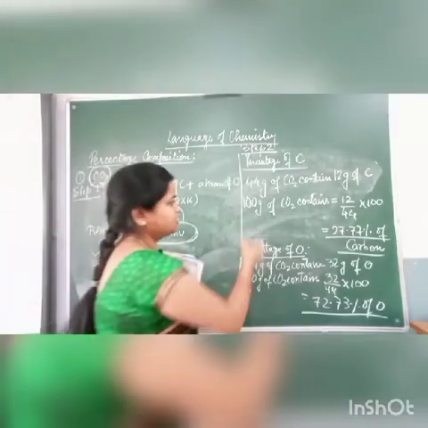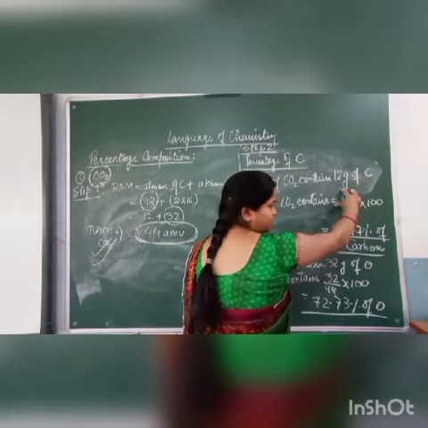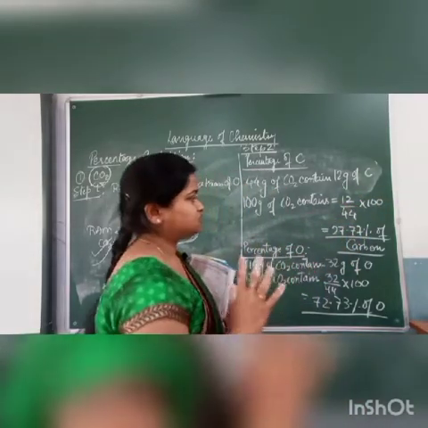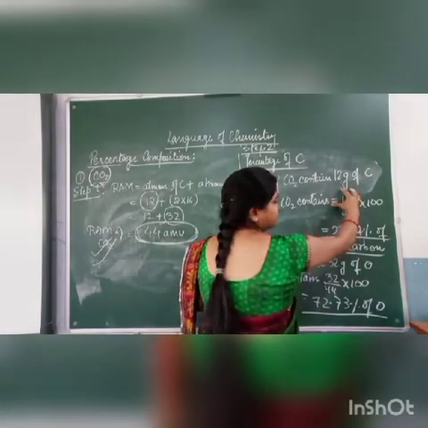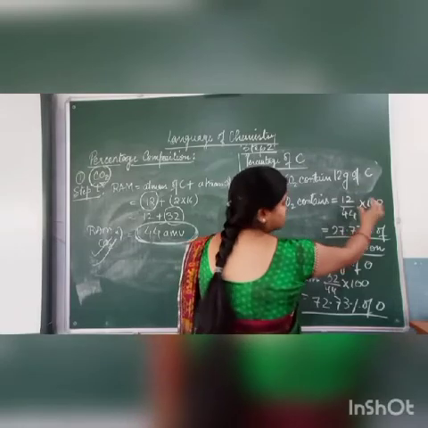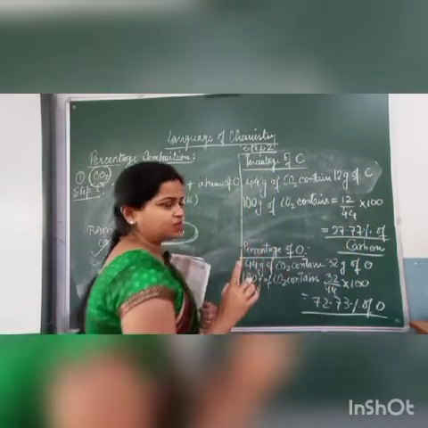So what about 100? It will be 12 upon 44, means the amount of element upon total into 100. This is the simple formula you can keep in your mind: total mass of the element upon relative atomic mass into 100. You will solve and get the composition of the first one.